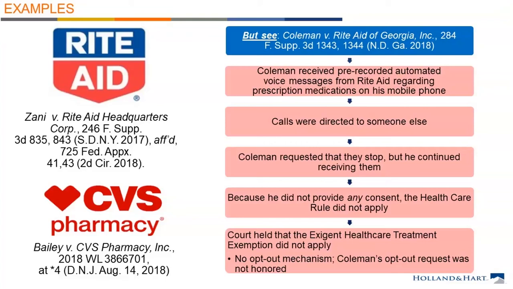Zani again sued Rite Aid, and the court ultimately found that this pre-recorded voice message conveying a flu shot reminder was a healthcare message, and that prior express consent had been provided when Mr. Zani provided his number, and so therefore there was no TCPA liability.